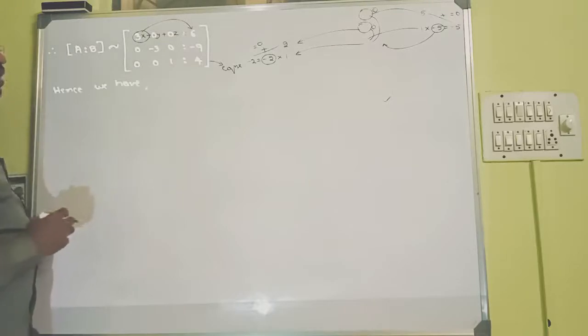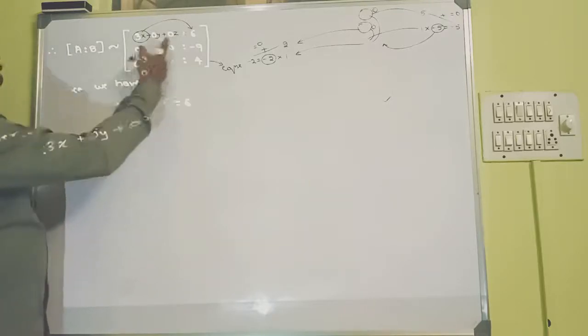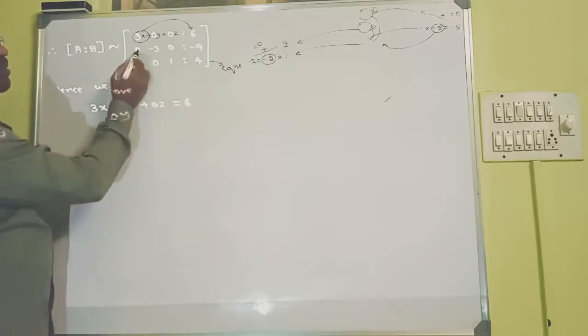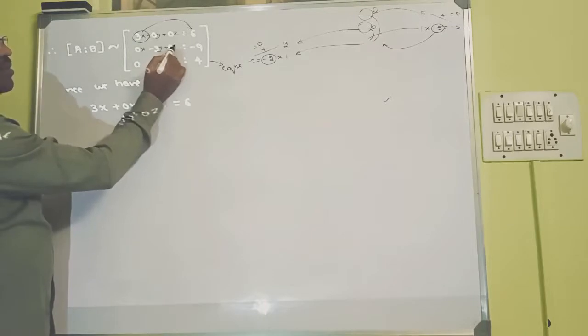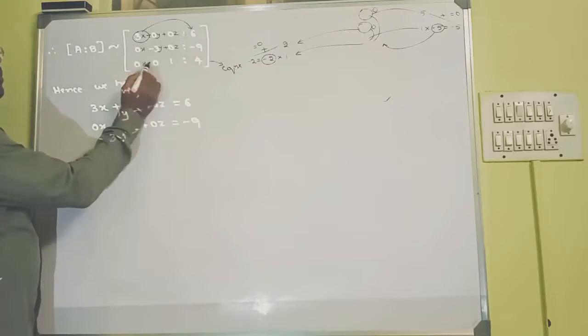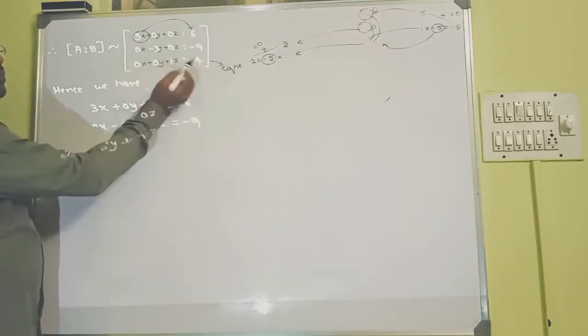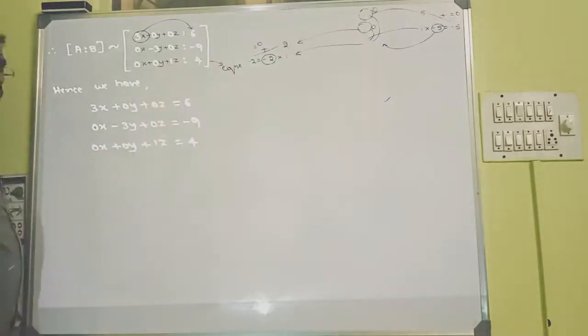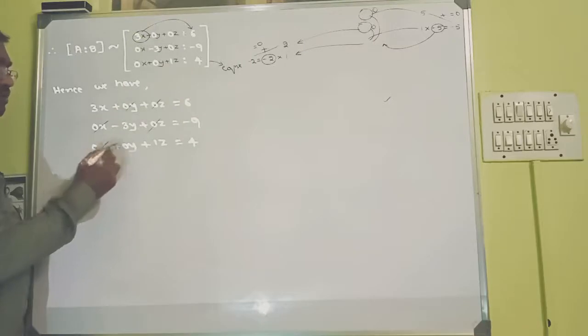So you have 3x plus 0y plus 0z is equal to 6, and here 0x minus 3y plus 0z is equal to minus 9, and here 0x plus 0y plus 1z is equal to 4. Anyhow, these elements are zeros, we neglect them.